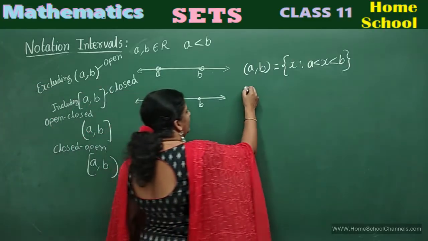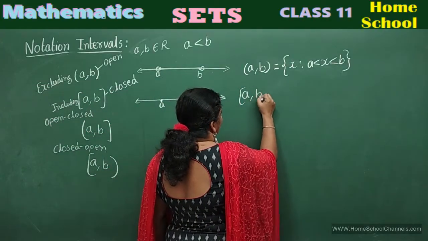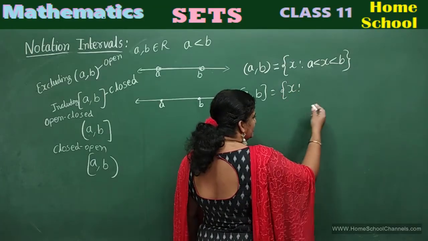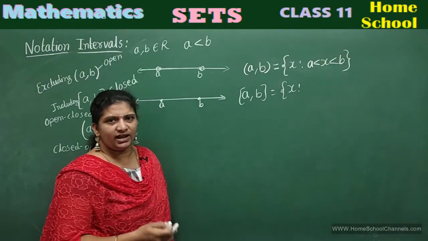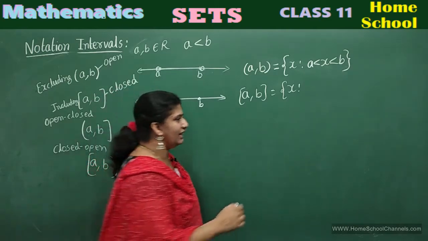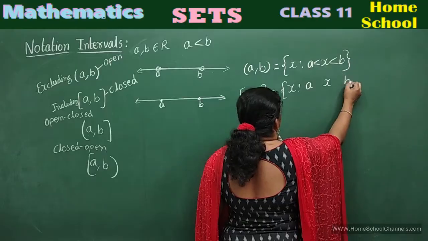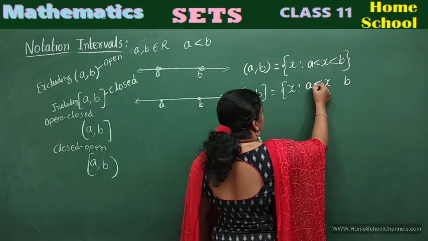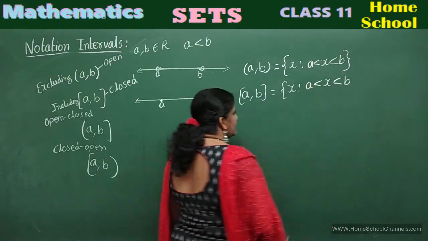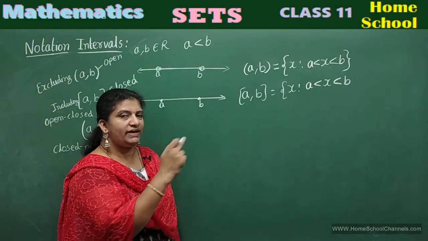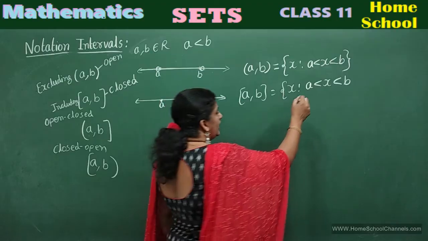Right? How can you write this in set builder form? X such that X belongs to real numbers, A less than or equal to X less than or equal to B. This is important. You have taken the less than symbol before, but here A is included, B is also included.